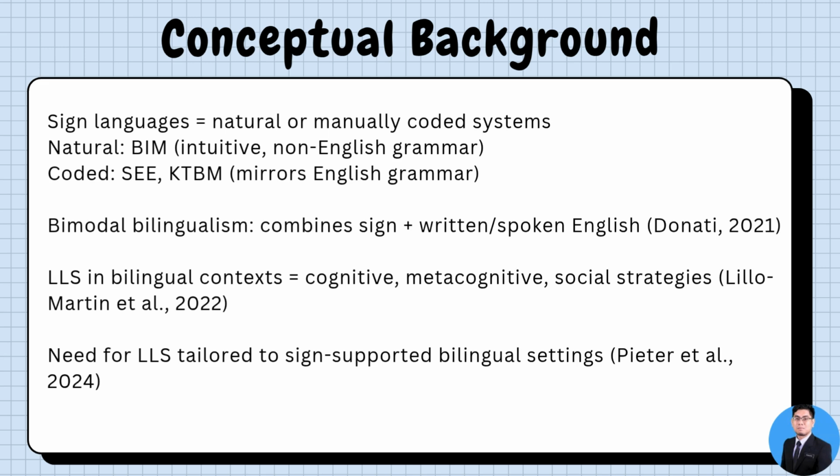Bimodal bilingualism, which integrates both sign and spoken English, is considered more effective for literacy development. In such bilingual environments, students use a mix of cognitive, metacognitive, and social strategies to manage both language inputs. However, existing research rarely tailors LLS specifically to these bilingual sign-supported settings, especially within the Malaysian context.